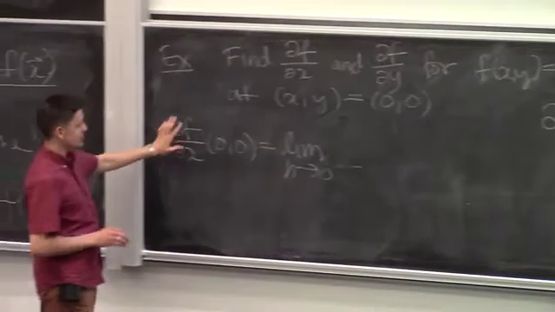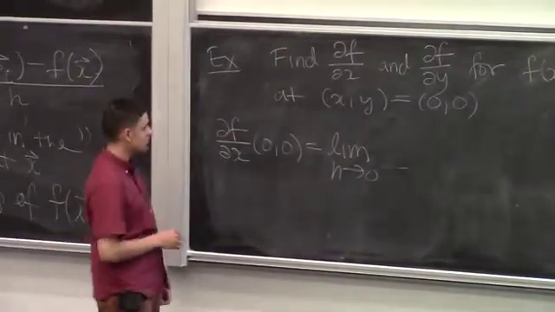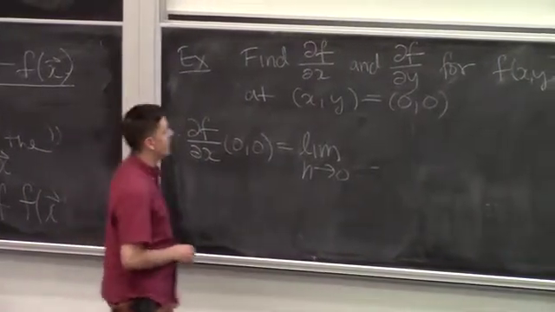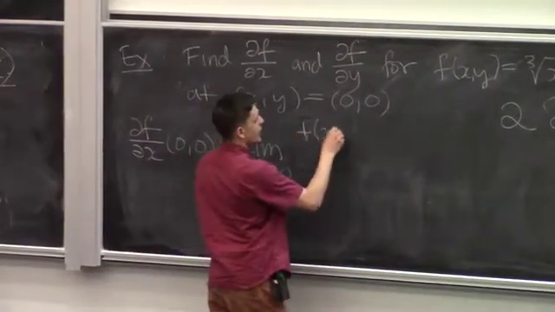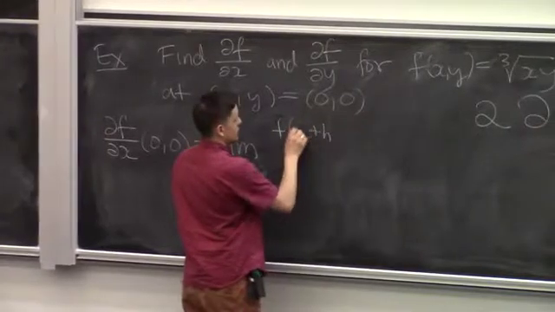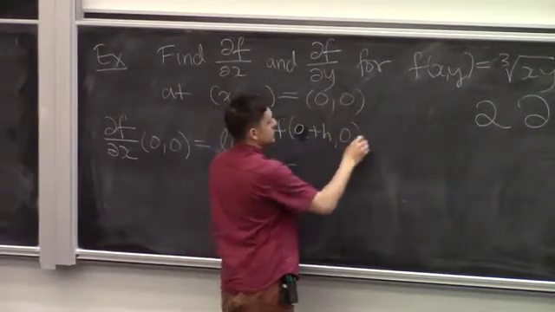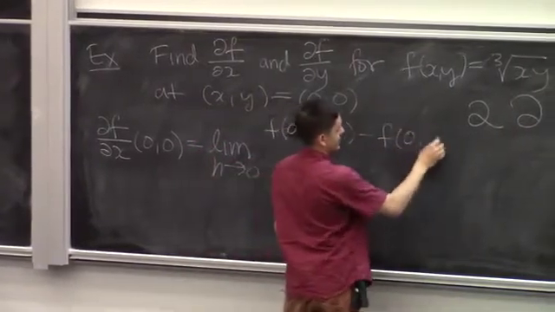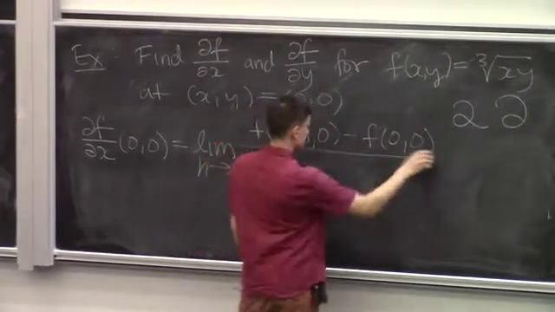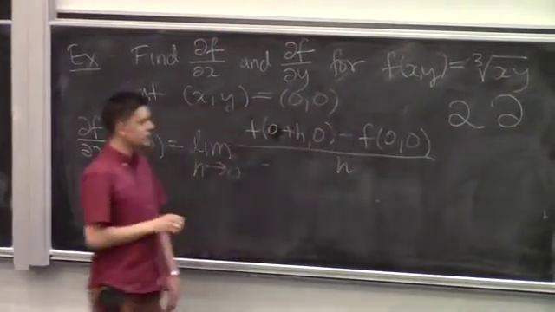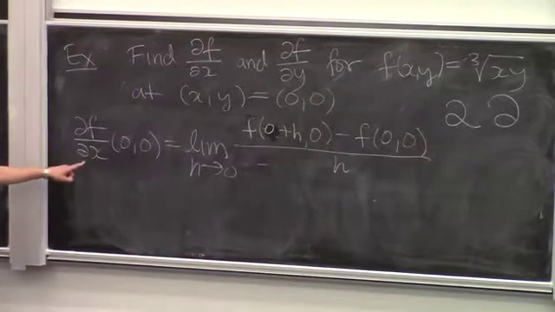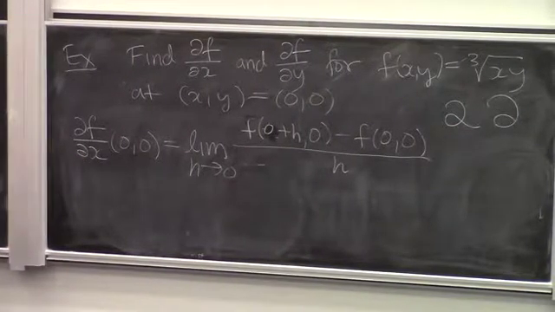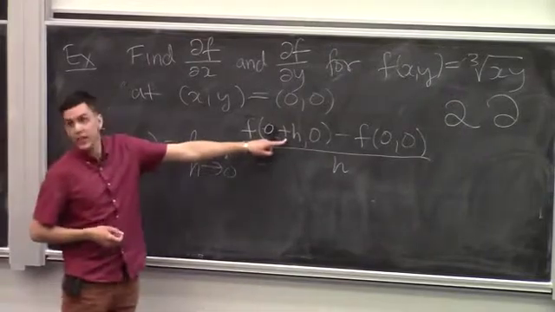Okay, good. So let's take this partial derivative and see what we get. So this is f of 0 plus h, 0, over h. When we take the partial derivative in the x direction, we're adding on a plus h to the x coordinate.